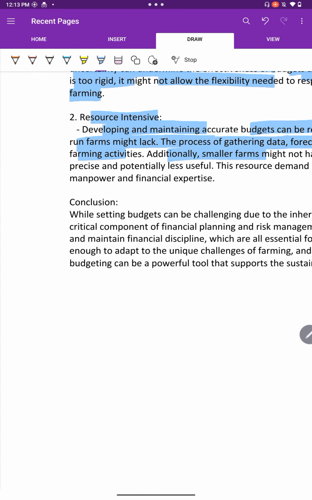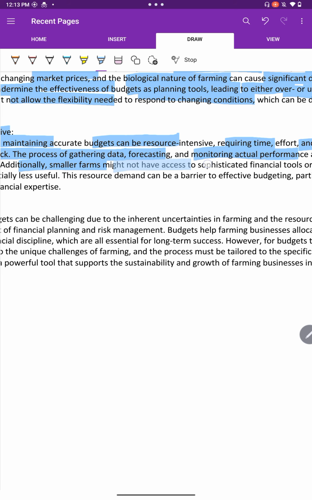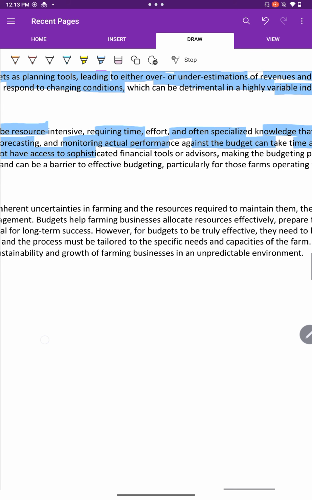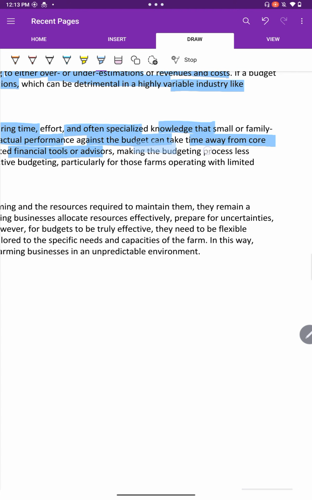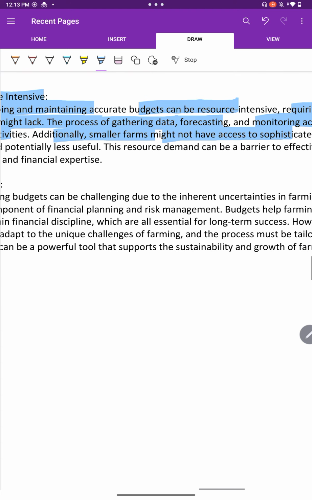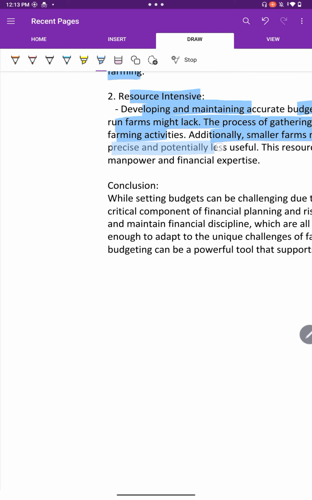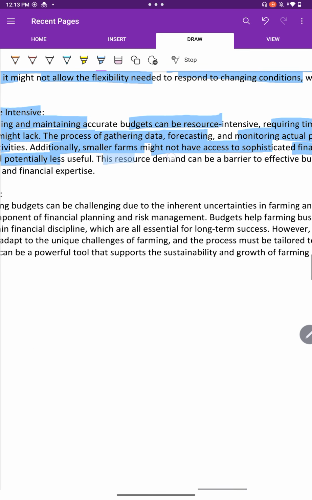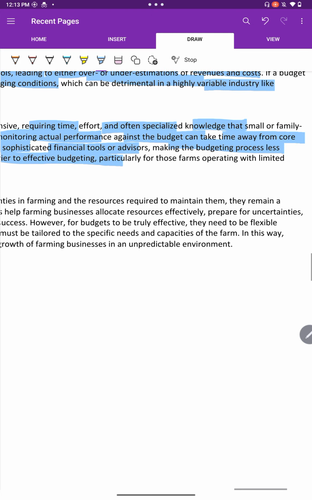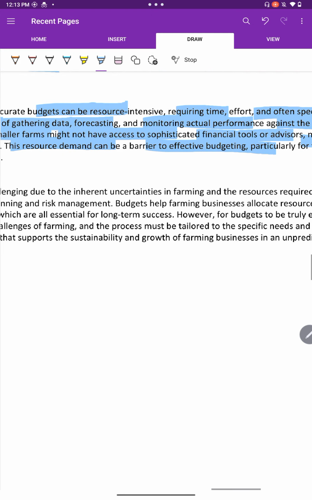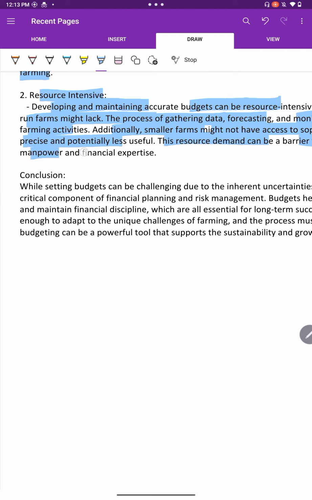Additionally, smaller farmers might not have access to sophisticated financial tools or advisors, making the budgeting process less precise and potentially less useful. This resource demand can be a barrier to effective budgeting, particularly for those farms operating with limited manpower and financial expertise.